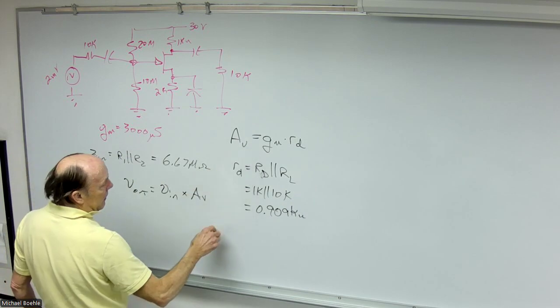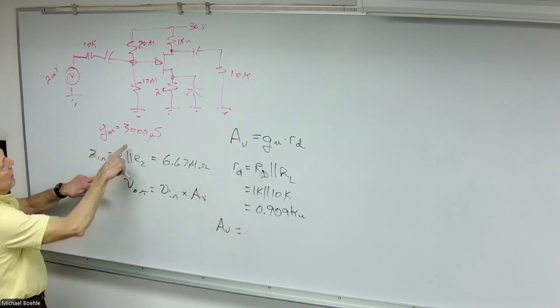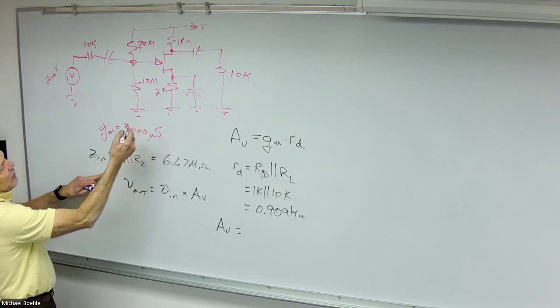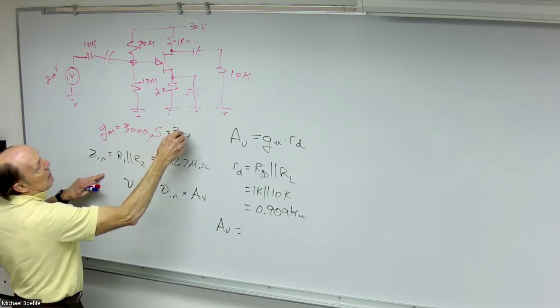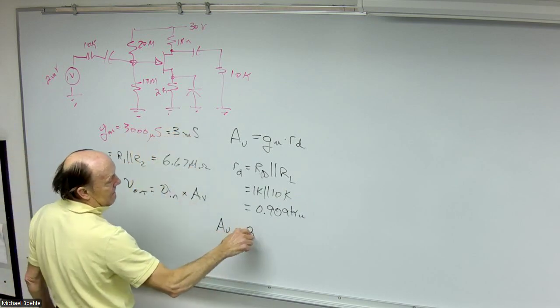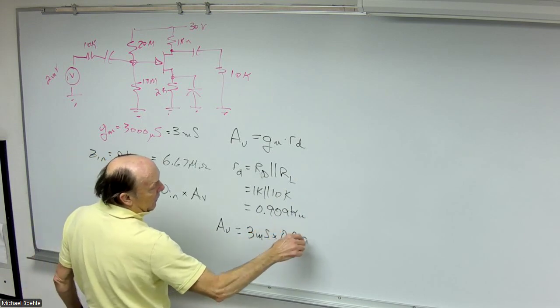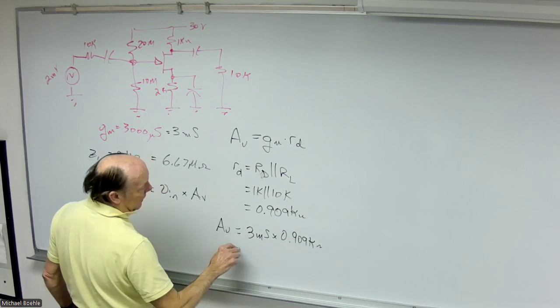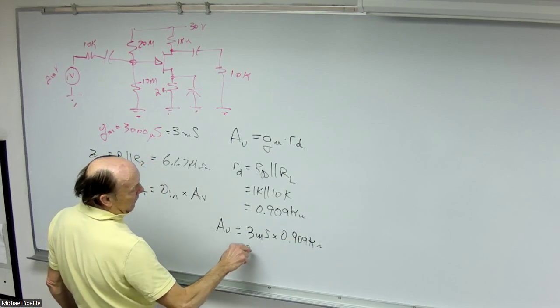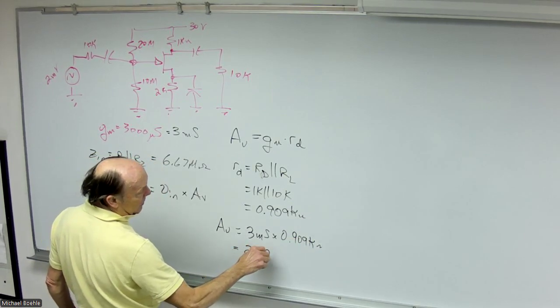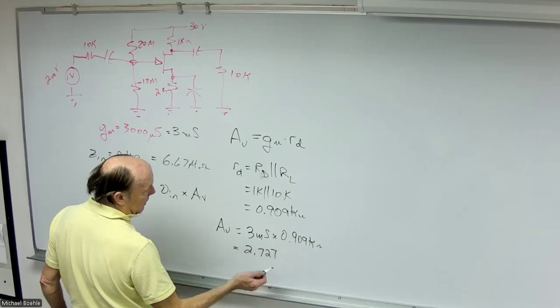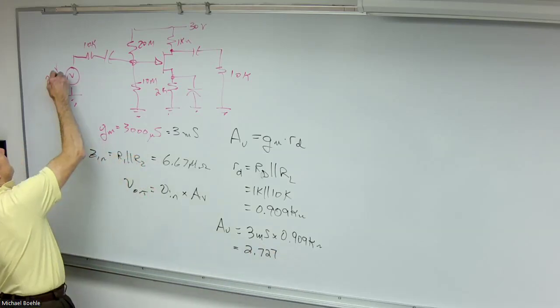And then the voltage gain would be 3,000 microsiemens, which is also 3 millisiemens, times 0.909 kiloohms. So that's a gain of 2.727. And then our input, 2 millivolts.